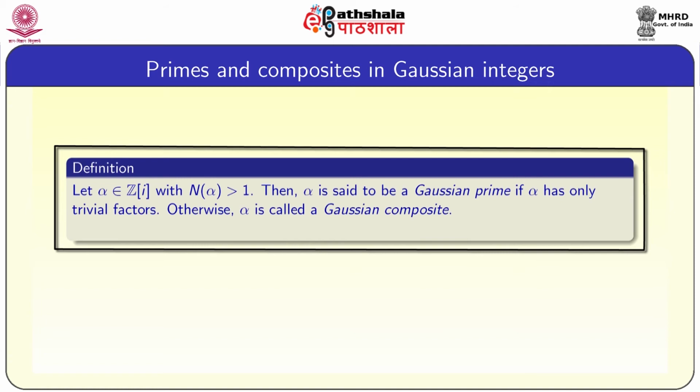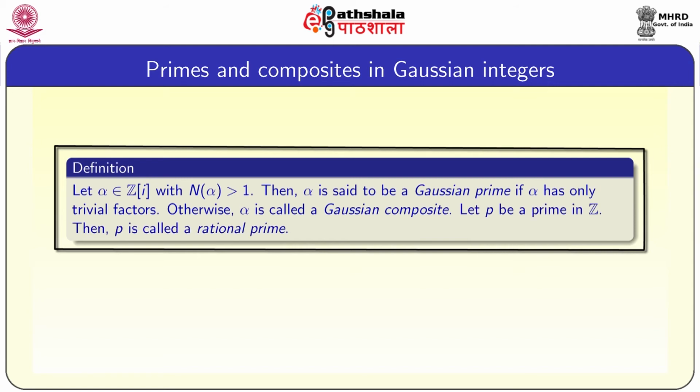There also, in the definition of prime or composite, we assumed the integer is greater than 1. Here we are assuming norm of alpha is greater than 1. Obviously, when norm of alpha equals 1, that is the units, units are neither prime nor composite. So, in order to have a Gaussian prime or Gaussian composite, the norm of the Gaussian integer should be greater than 1.